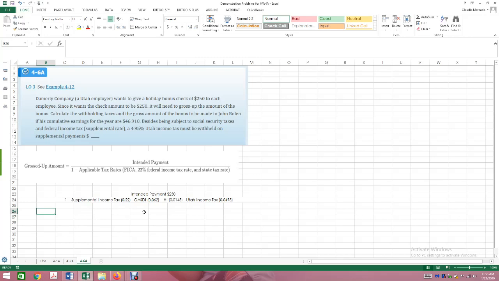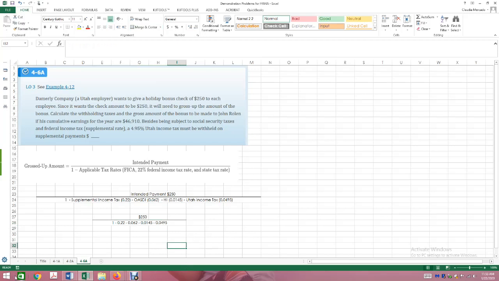I've got my $250 on top. That doesn't change. Now on the bottom, I'm going to have 1 minus 0.22 minus 0.062 minus 0.0145 minus 0.0495. Those are my tax amounts. I'm just simplifying it so we can see it.